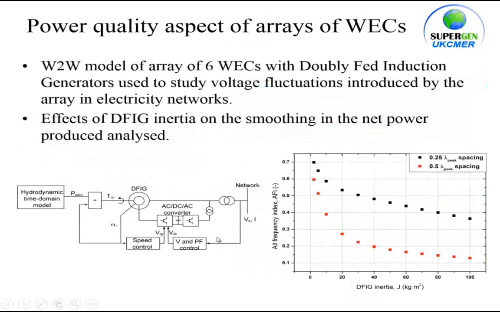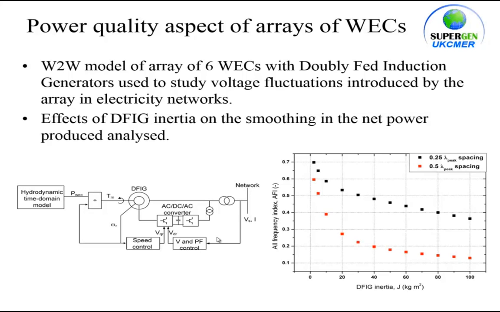Another thing we've been working on is the power quality aspect from this array of WECs. If you've got your array of WECs connected to a weak rural network, then you can get large fluctuations, so you want to try and smooth out those fluctuations in the network. This is some work we did. We had an array of 6 WECs all interacting electrically and hydrodynamically using the time domain hydrodynamic model.